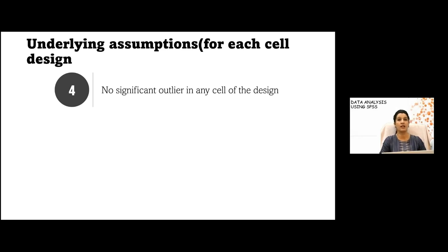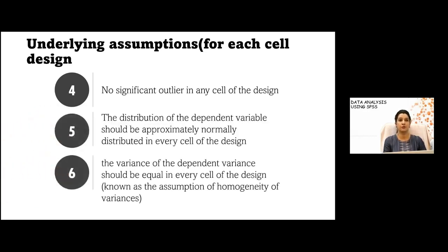So the three assumptions, normality, outlier, and homogeneity of variance, are the ones we test in ANOVA and also in the independent sample t-test. In this case, they will be tested for each cell of the design.